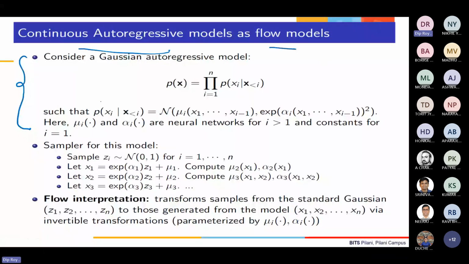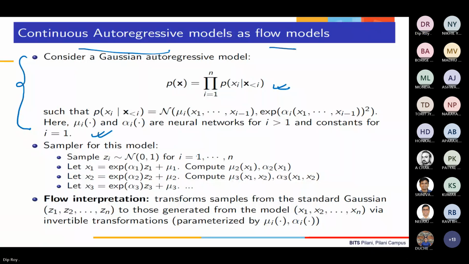Consider a Gaussian autoregressive model, such that P of xi is conditionally dependent on x less than i, and these are two neural networks. How do you sample from a Gaussian, and can we repeat this architecture in the case of flow models? Yes, we can. How?